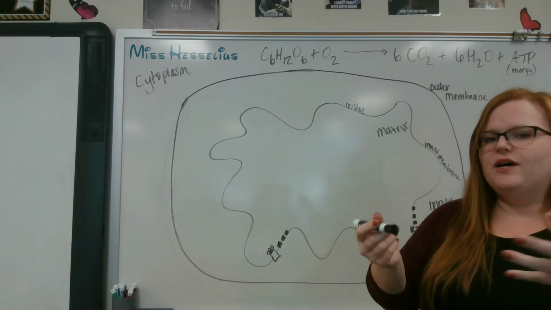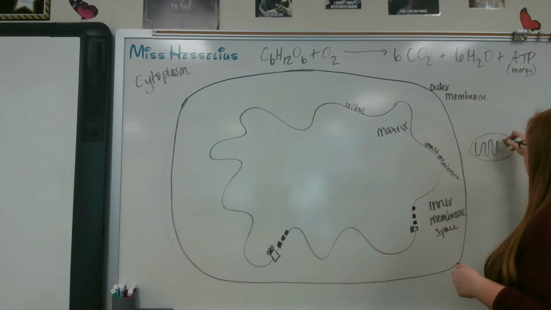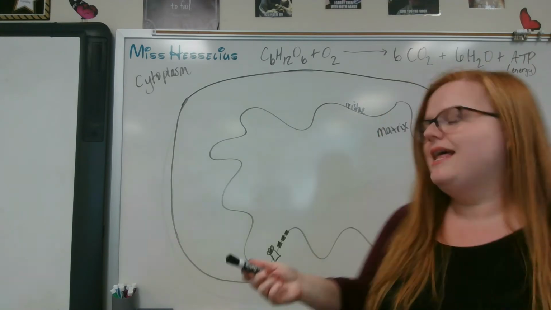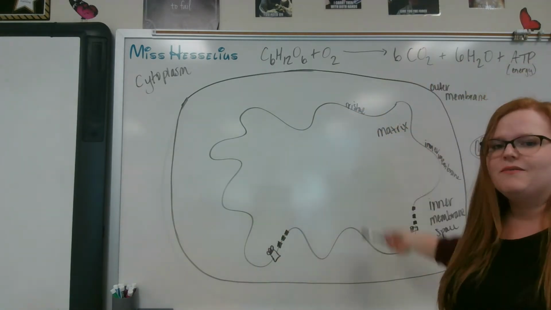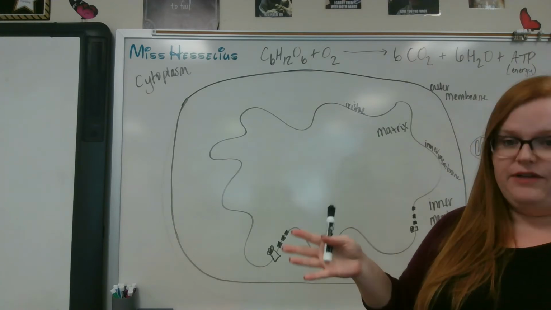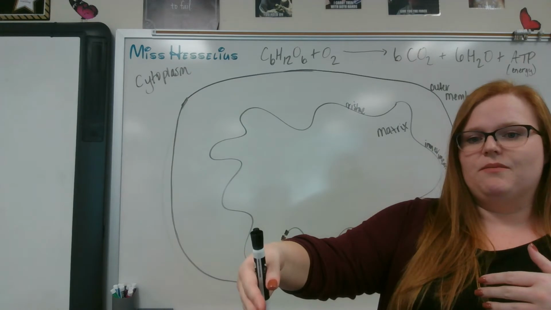So the folds have a special name, cristae. Inside of a mitochondria, you've probably seen it, sometimes we draw them like this, where they're really folded. Mine's less folded, so I can draw pictures in it. The reason the membrane on the inside of the mitochondria is folded is because cellular respiration, part of it anyway, the most important part, has to happen across the membrane.